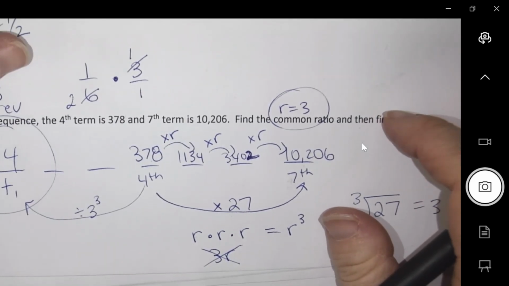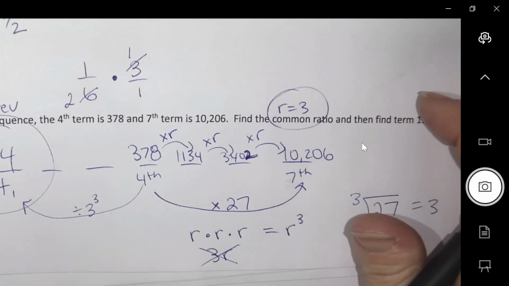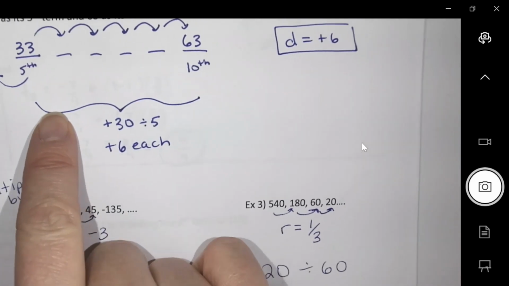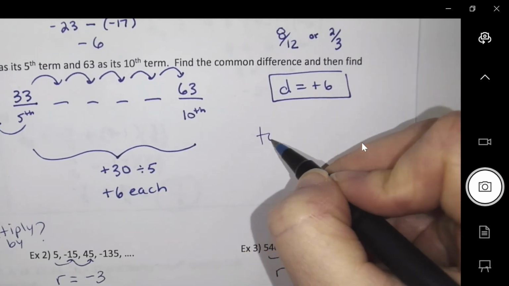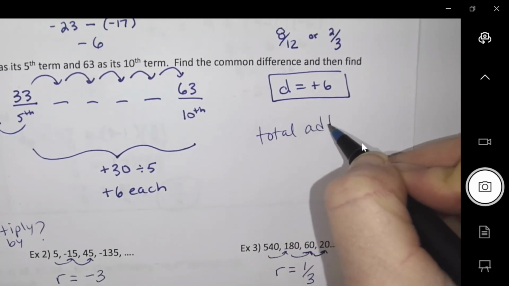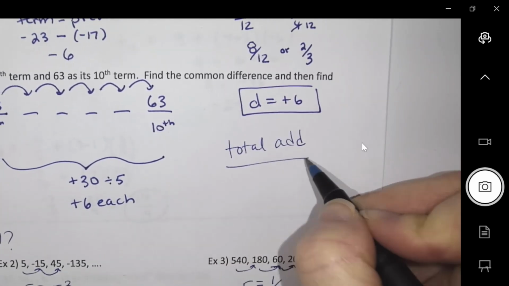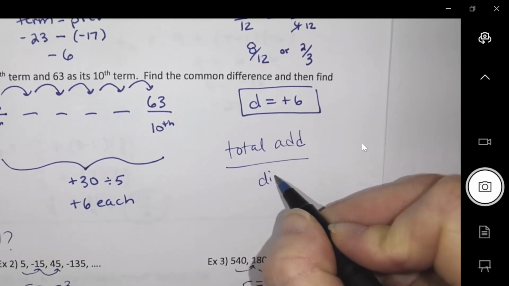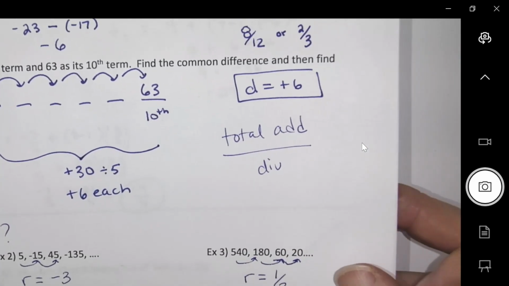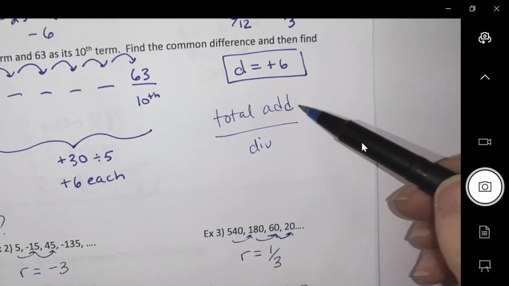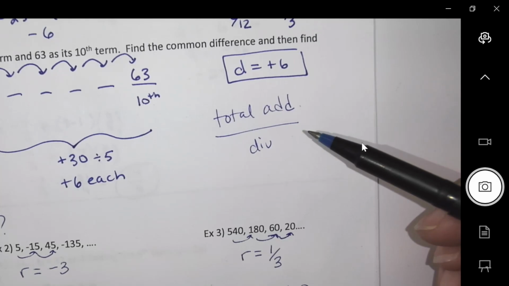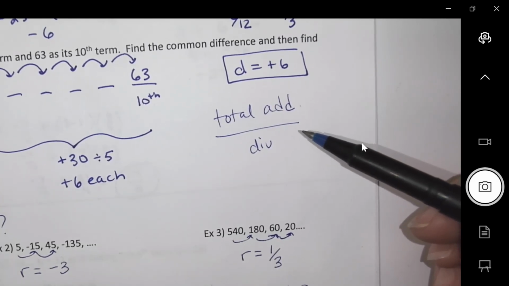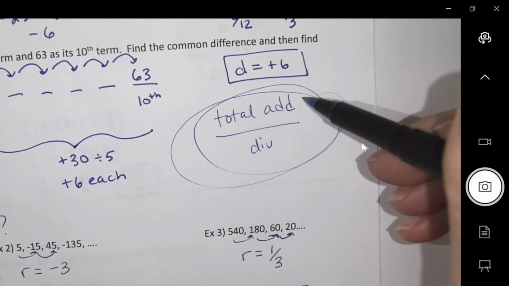Okay, so let's look at this. Ready? When I did this type, I figured out my total add, and then I divided. I figured out how much did I add by, and then I divided to see each interval. So that was that question.